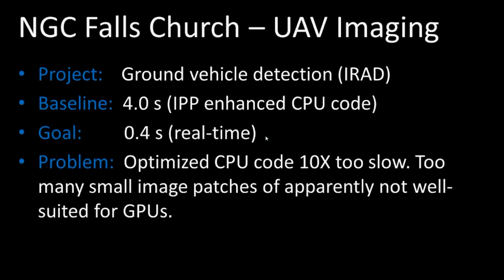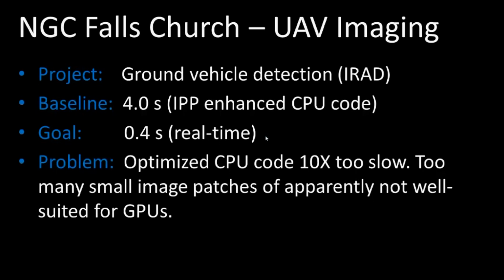Again, the problem was that this highly optimized CPU code was just too slow, 10x too slow, in fact. And the other problem was that when they tried themselves to do GPU computing by writing their own CUDA code, they were very frustrated because the algorithm calls for many small image patches.